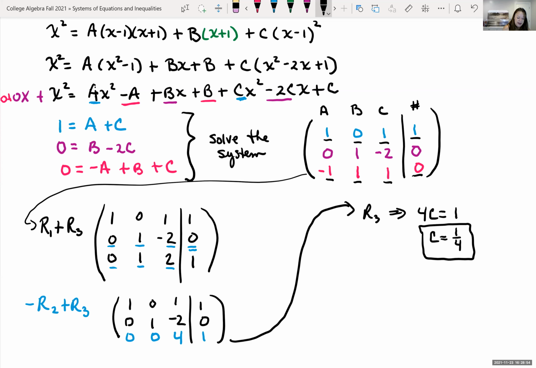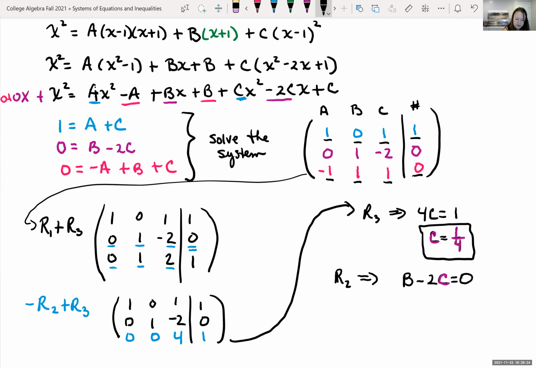We can go back in and plug in what C is into equation 2. So our equation 2, or row 2, if we read that off from this last matrix, we have 0a plus 1b, so b, minus 2c equals 0. But we know what C is, so we can do our back substitution in here.